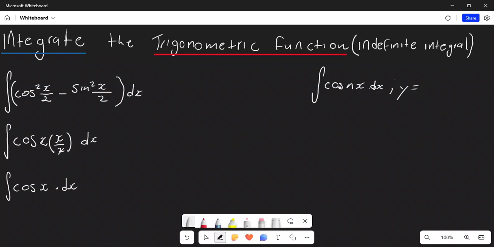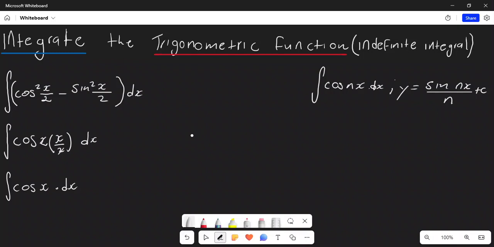Since we are moving from cos to sine, and this is positive, this is going to be positive sine nx over n plus c. Remember guys, this formula here, I did explain these formulas in this video just in case you want to go further and understand these formulas.